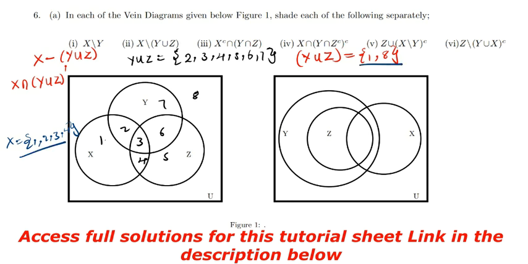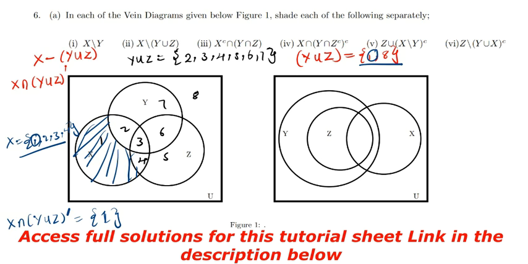Which numbers appear in both? It's just 1. You can see 1 there, and you can also see 1 in x. So x intersection open y union z complement is equal to 1. Now go shade where you see 1. 1 is seen in this part, just that part. This is the answer to the second part.